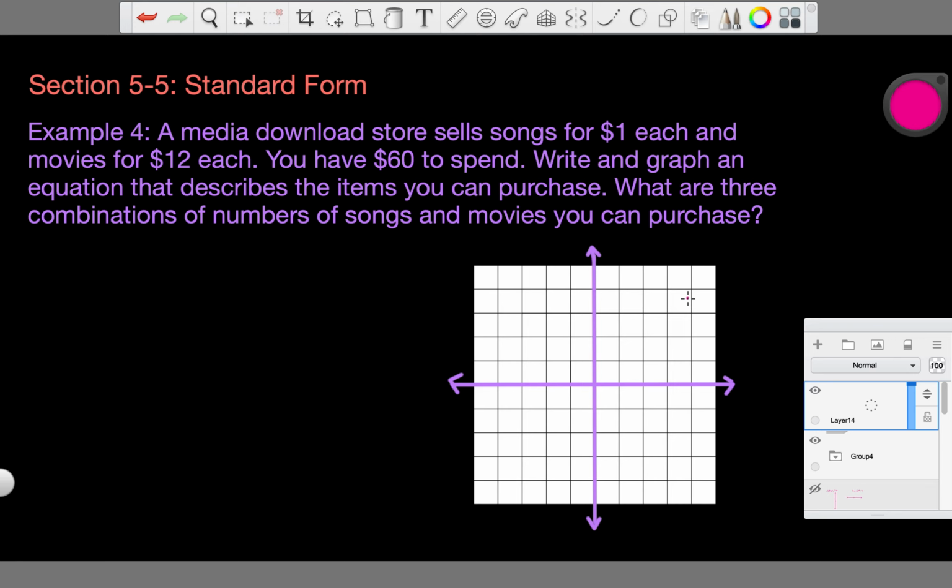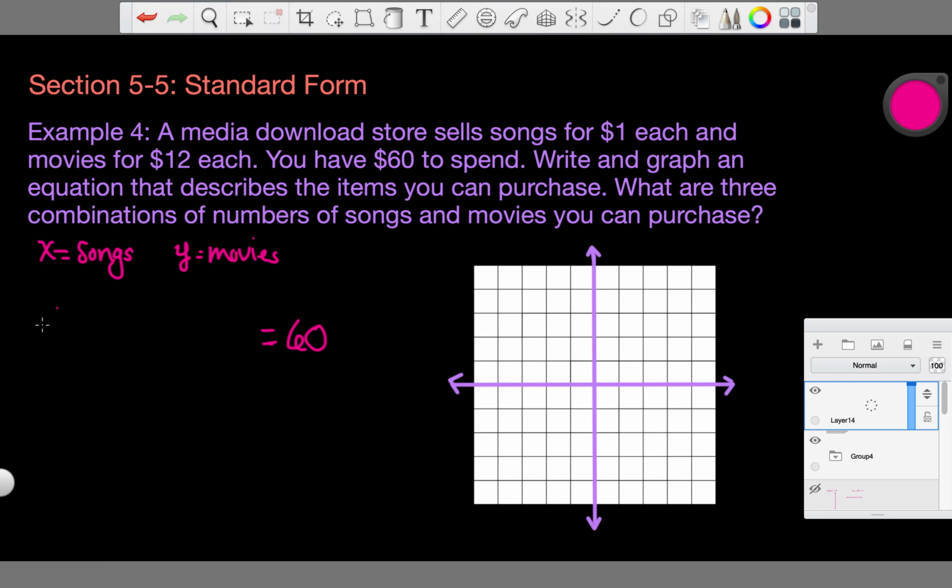So, first up, we have movies and songs. So let's let X equal the number of songs, and let's let Y equal the number of movies. So we know that the total has to equal $60.